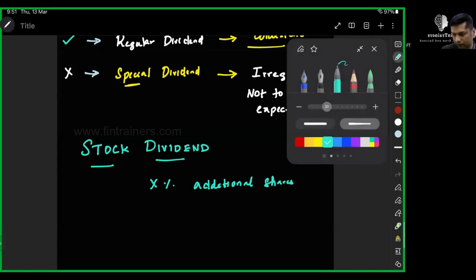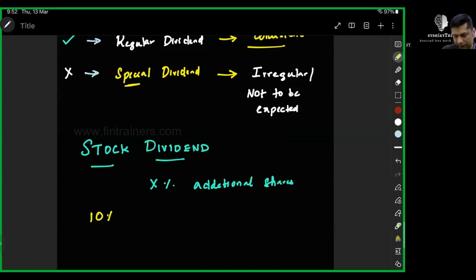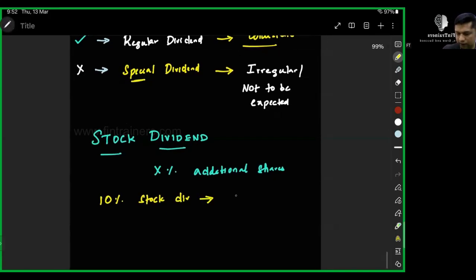An example would be a 10% stock dividend: for every 10 shares, you get one additional share. If it is a 20% stock dividend, you will get one for every 5 shares. So that is additional stock. You're not getting cash, only extra stock.